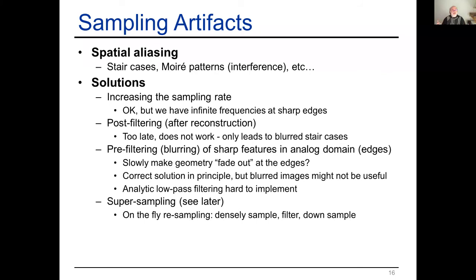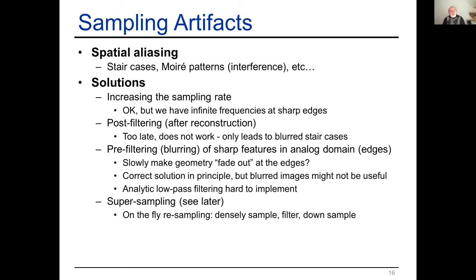Our aliasing artifact gets smaller. Some people suggest to filter the resulting signal. I'll show some examples a little bit later. That's not a good idea because, as I told you, the error has been done, right? Essentially, if you filter the resulting signal after having done the sampling, you're blurring your images.